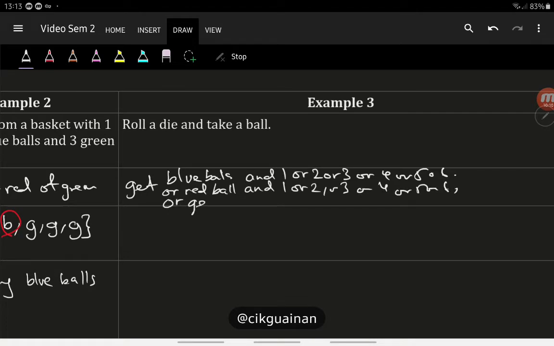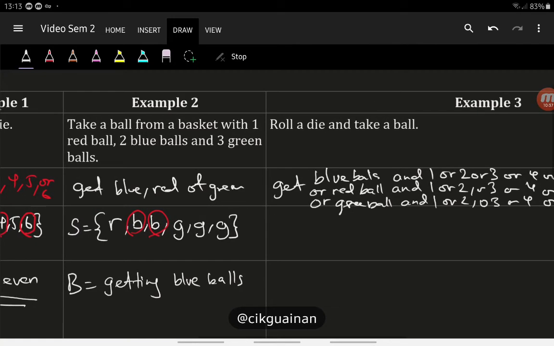Or we might get a green ball and 1 or 2 or 3 or 4 or 5 or 6. Since we mix the experiments, the outcomes might be a little bit weird, so we have to list them like that.